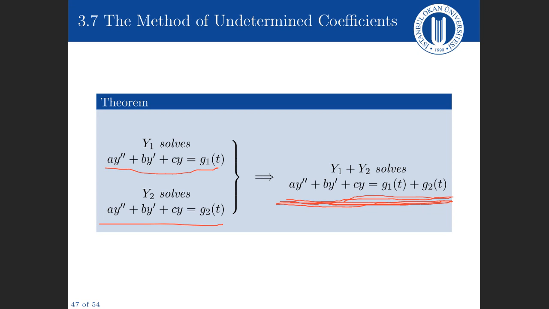The equation is equal to g1 and the equation equals g2. If we can find a particular solution y1 which satisfies the first equation, and if we can find a particular solution y2 to the second equation, we can add them together to find a particular solution to the original equation.